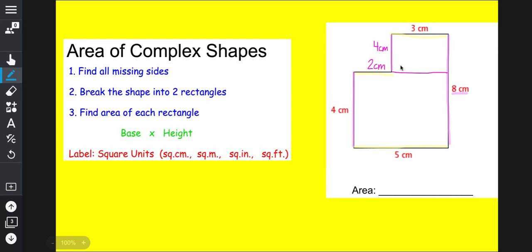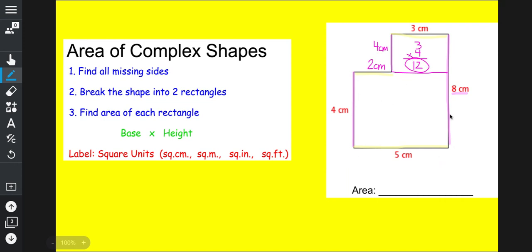And now we're going to find the area of each of these rectangles. The top one has a 3 as a base and a 4 as a height. So we're going to do 3 times 4, which is 12. And I like to write my math right within the rectangle or square that I was solving.